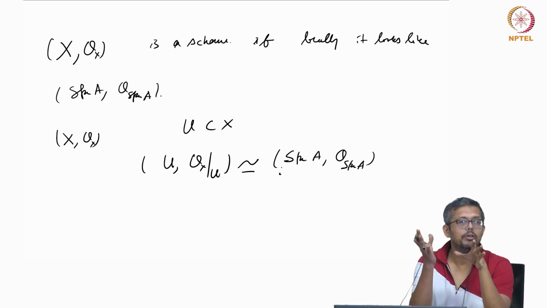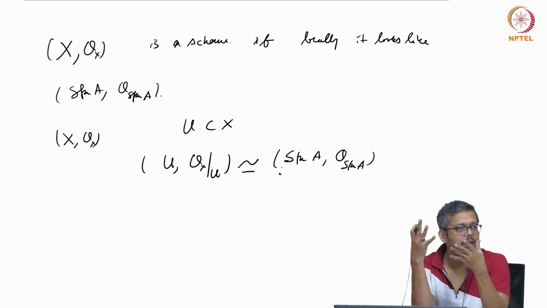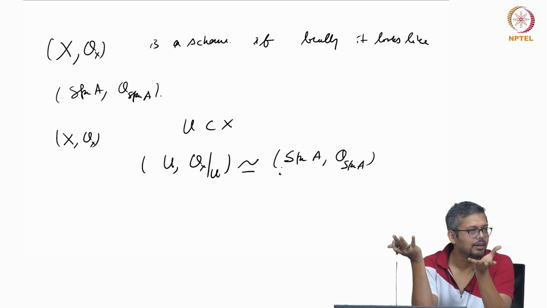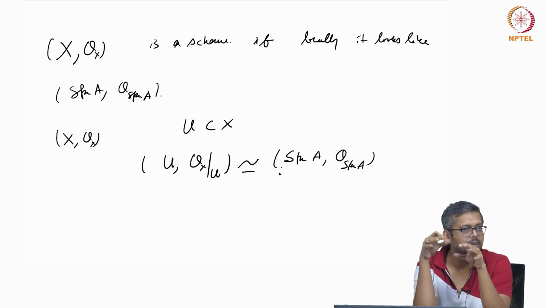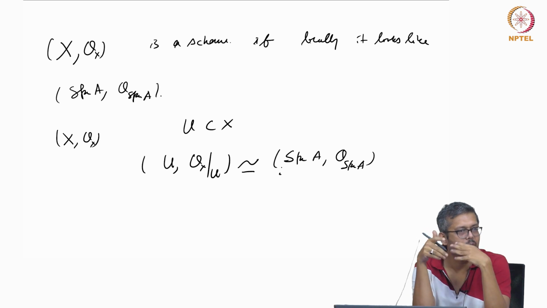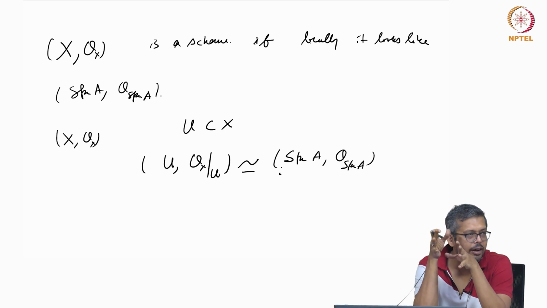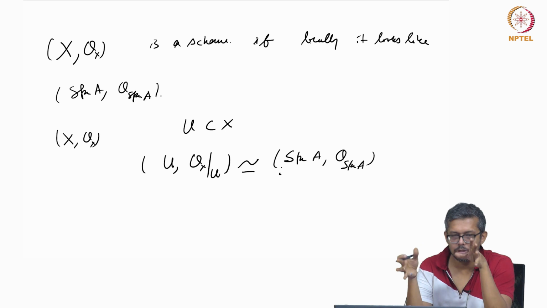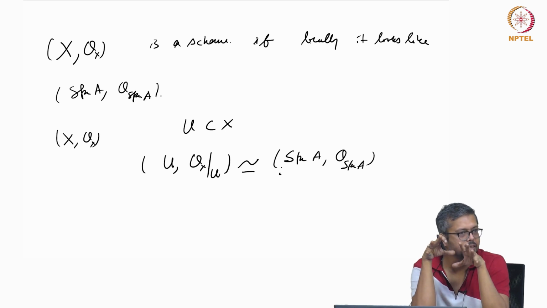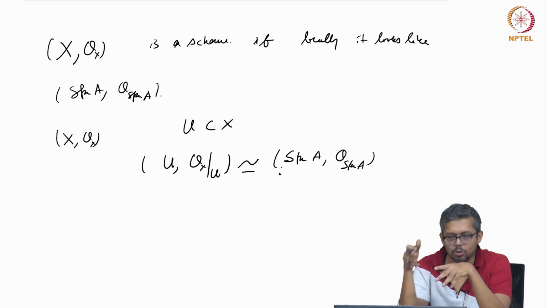If you see the definition of a manifold, what is the definition of a differentiable manifold? Locally it looks like R^n. But the functions also, you have some C infinity functions. The C infinity functions are basically functions on R^n. So here also, locally the functions on your scheme look like this.